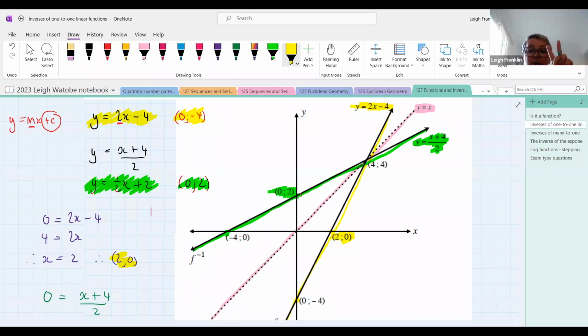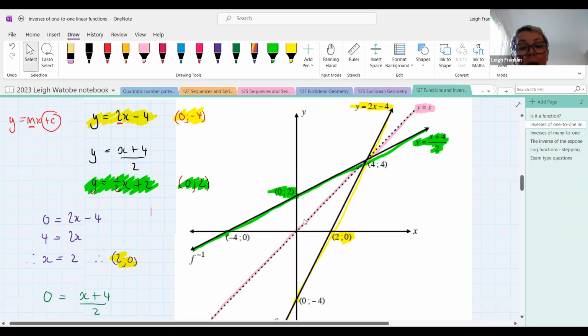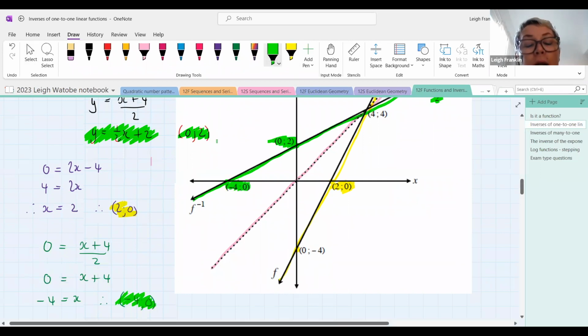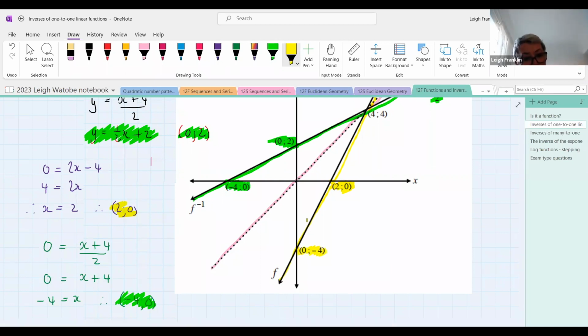Can you see how x and y have changed round? What was the y-intercept is now the x-intercept, and the coordinates have switched. Exactly the same thing will happen with the x-intercept and the y-intercept. What was the x-intercept on our original function is now the y-intercept on our inverse. Again, can you see how x and y have switched around?